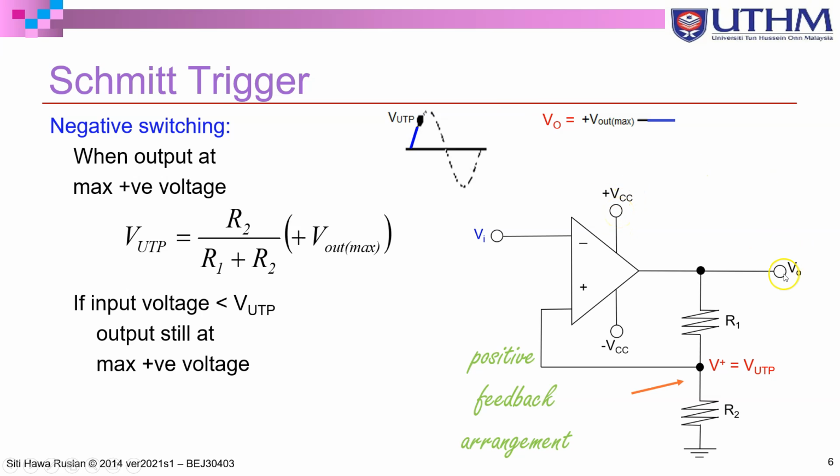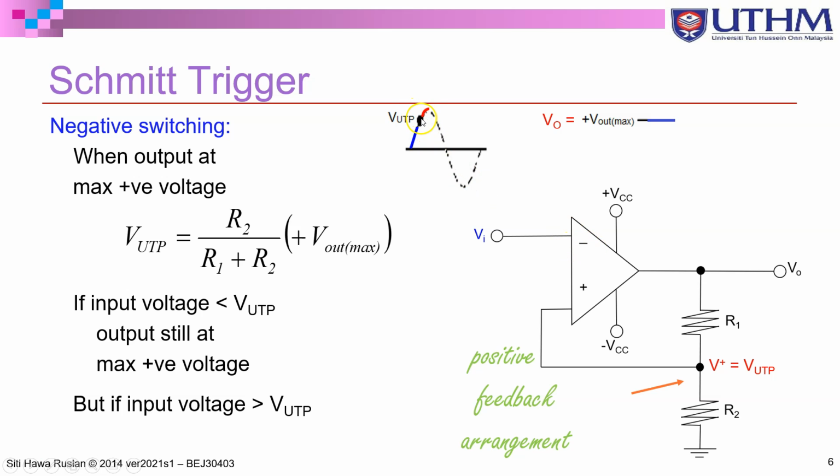And when the output is positive, we call this the upper threshold point, and we are comparing your Vin, and Vin is increasing, and once the Vin is greater than upper threshold point, which is right here, Vin is into the negative terminal.